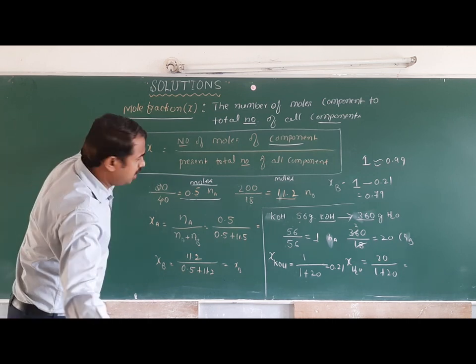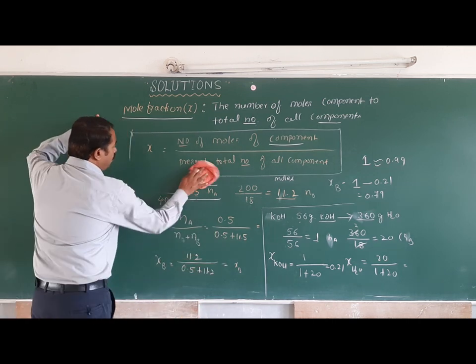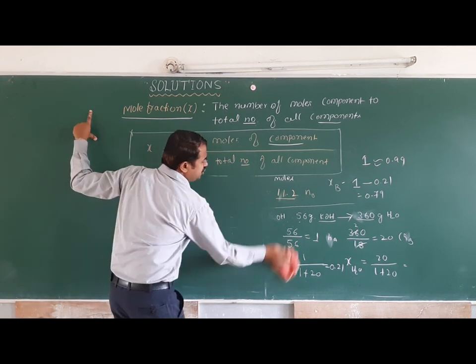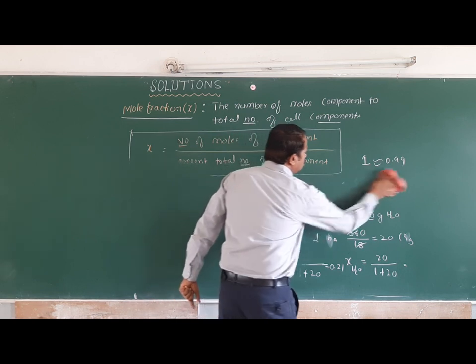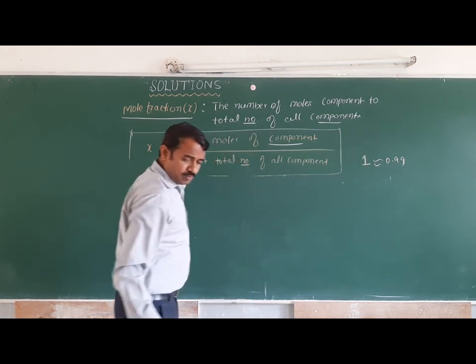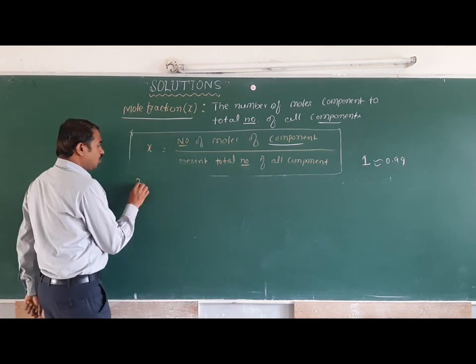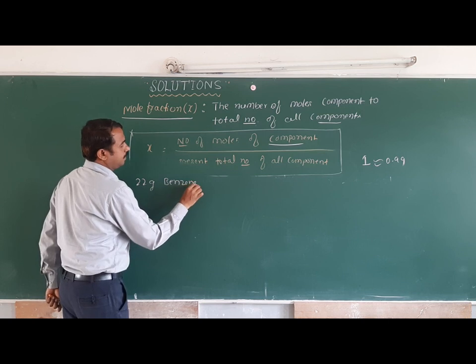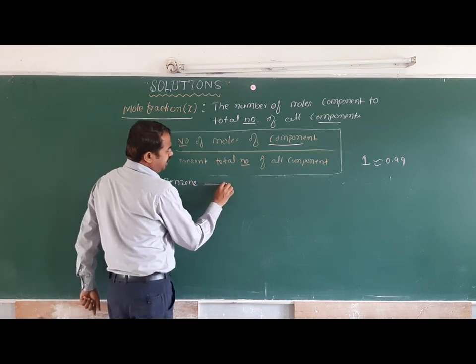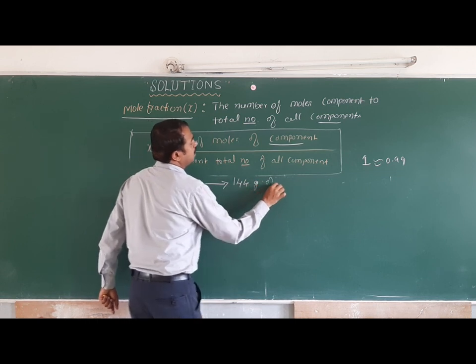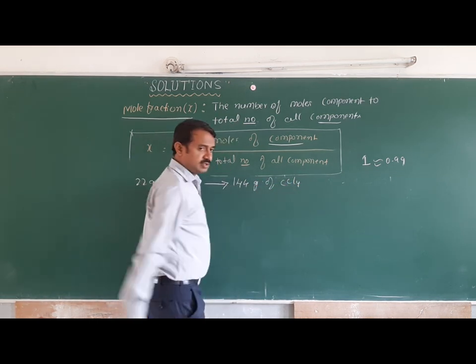Let us go for one more problem. We will take benzene. 22 gram of benzene is dissolved in 144 gram of carbon tetrachloride.